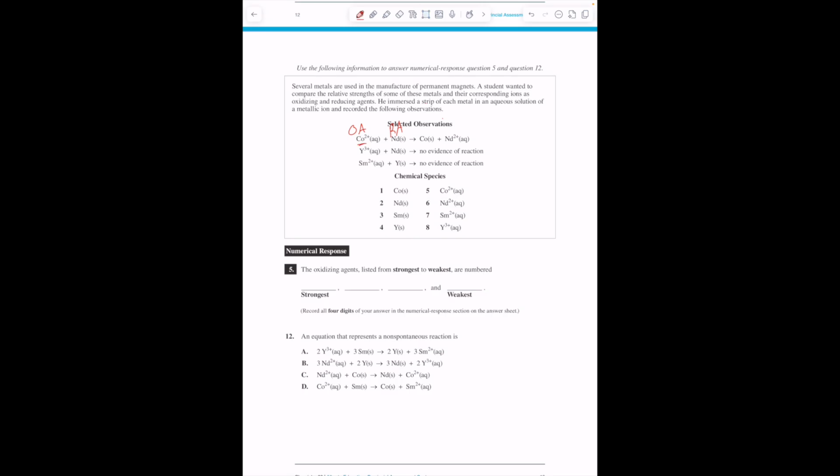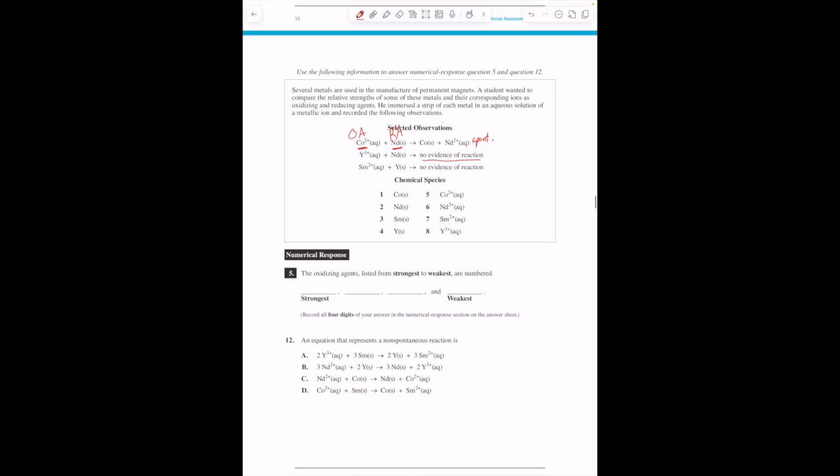So I know that Co2+ has to be above Nd because this is a spontaneous reaction. If it wasn't spontaneous, it would look like this. So I know that Co2+ has to be above Nd. Then I can sort of fill out the chart if I wanted to.